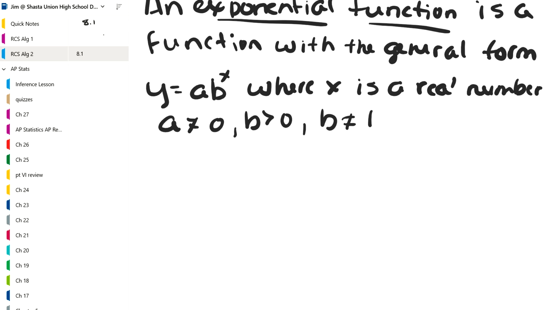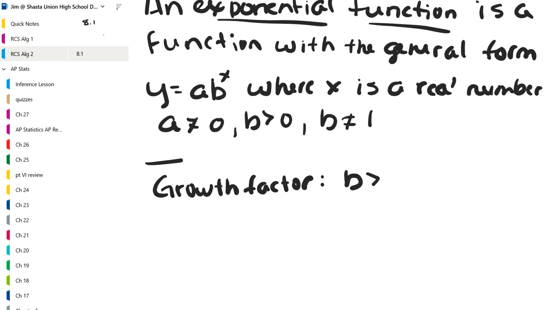Okay, you can use a growth factor. If you take this equation, a growth factor is when b in this equation is greater than 1.